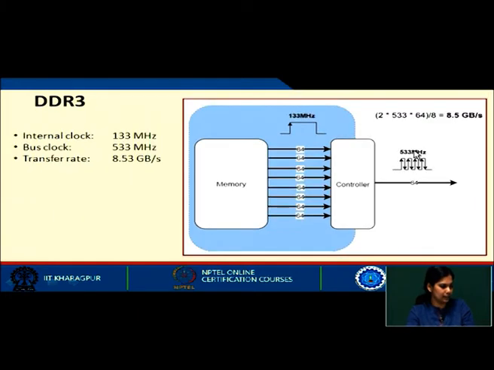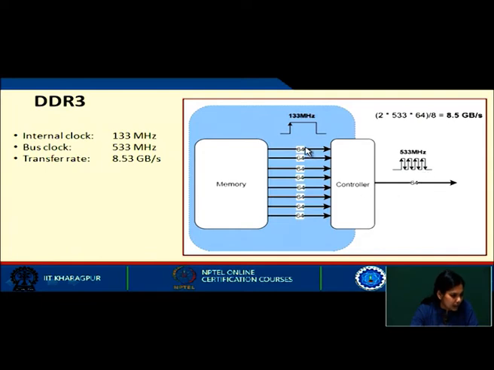Now, let us see what happens in DDR3. In DDR3, the internal clock is still this, but now the bus clock has become 533. Bus clock has become 533 means you have how many clocks in between? You have 4 clocks here.